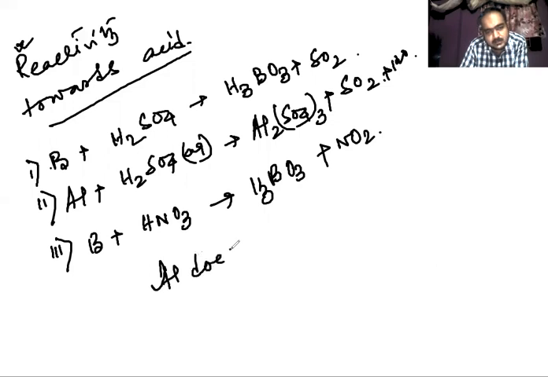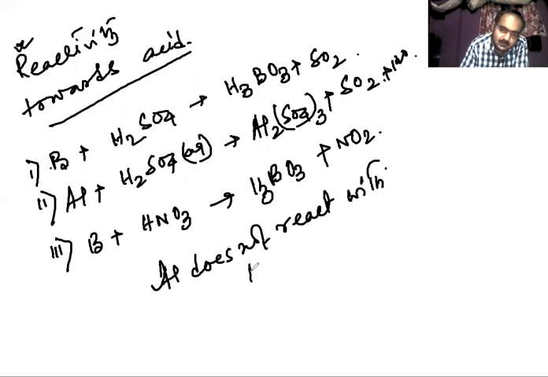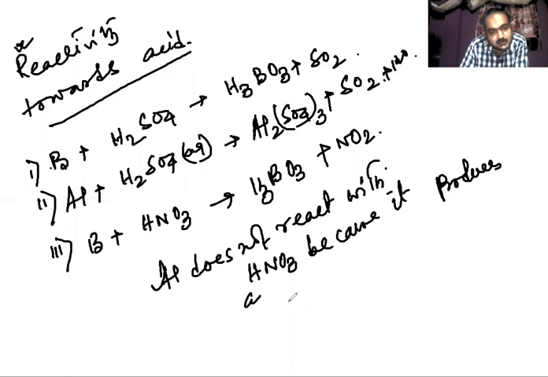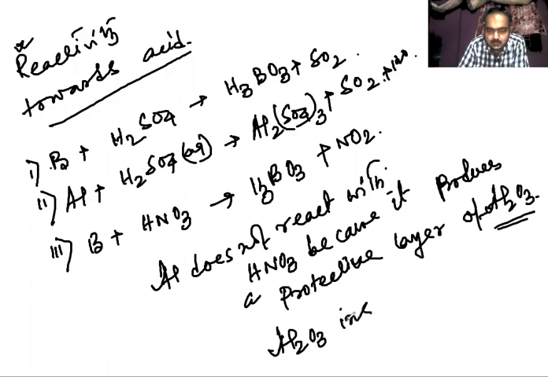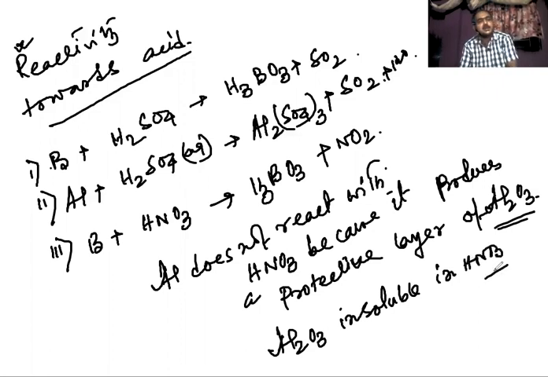Aluminium does not react with HNO3 because it produces a protective layer of Al2O3, which is insoluble in HNO3. So this will not show any kind of reaction. Actually, it will form a protective layer.